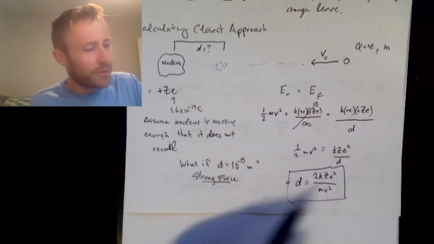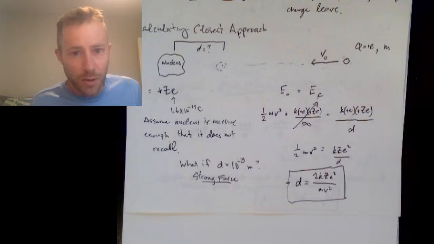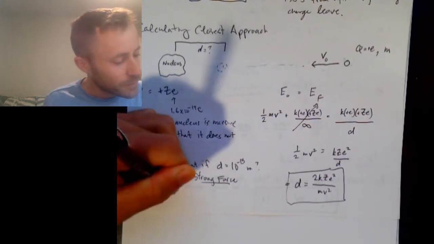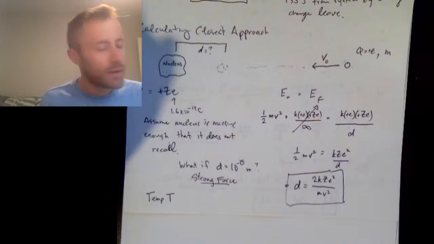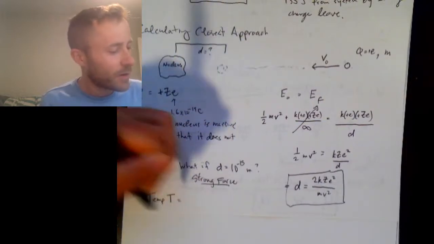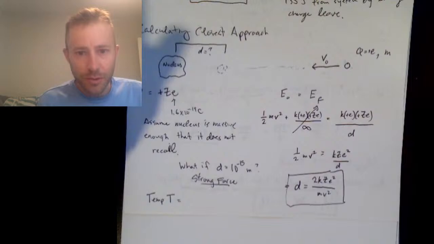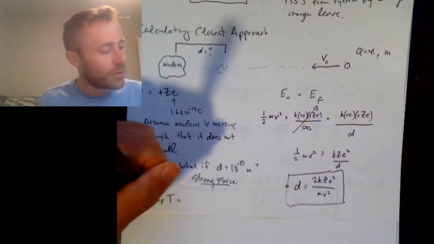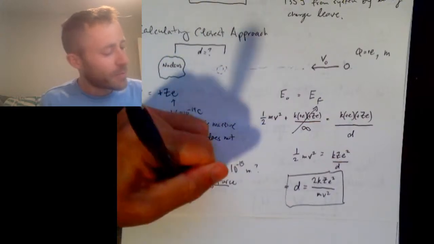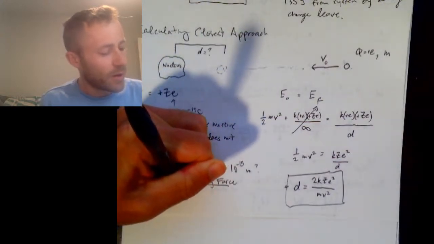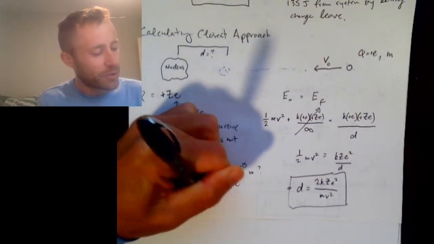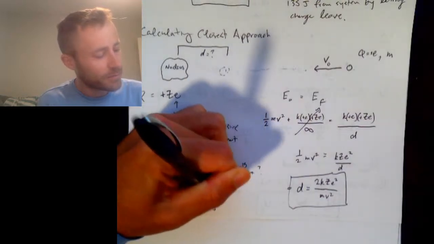Now, usually what happens is you don't control the velocity of this particle. What you control is the temperature. And the temperature, T, is equal to a constant called Boltzmann's constant times the average kinetic energy.